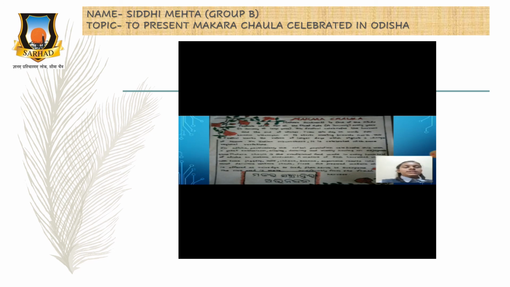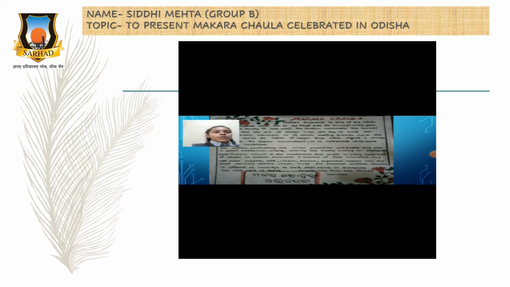Makar Chawla is the traditional food made in every household of Odisha on Makar Sankranti. A mixture of freshly harvested rice with some jaggery, milk, chana, banana, sugar, etc. results in the most delicious Makar Chawla.